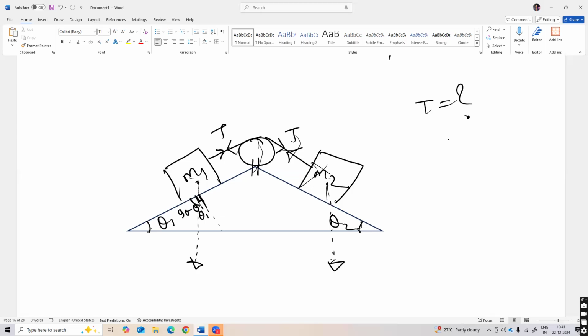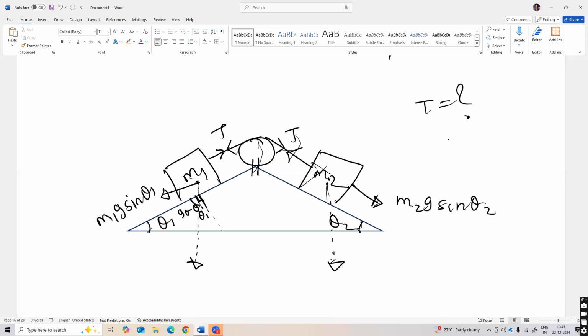So the component of weight acting in the direction of motion of this mass is m1g sine theta 1. Similarly, in this case, it will be m2g sine theta 2.